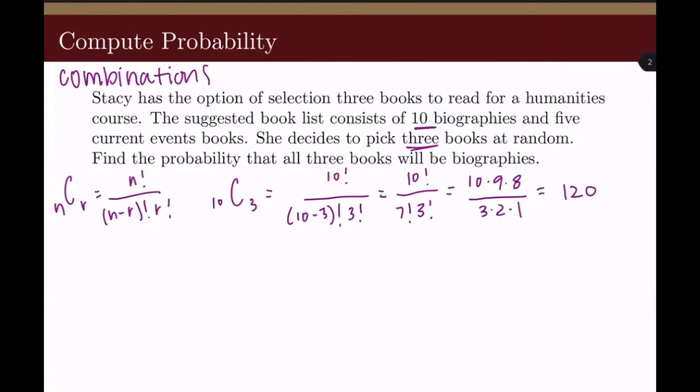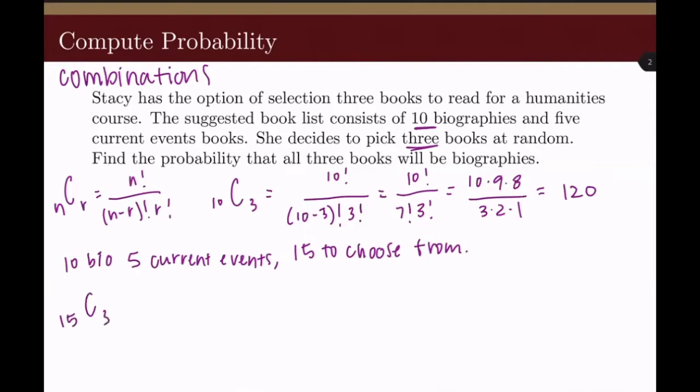Next, we'll figure out how many total options there are to choose books in general. There are 10 biographies and 5 current events books, which makes 15 to choose from. Of these 15, we want to choose 3.